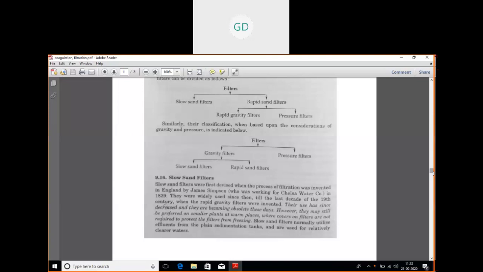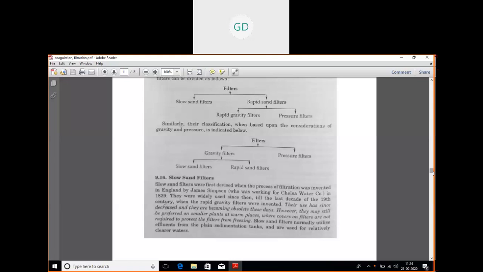But one thing is that the filtered water you get through a slow sand filter is much purer. The slow sand filter gives purer water, or a better result, than a rapid sand filter. This line you remember.